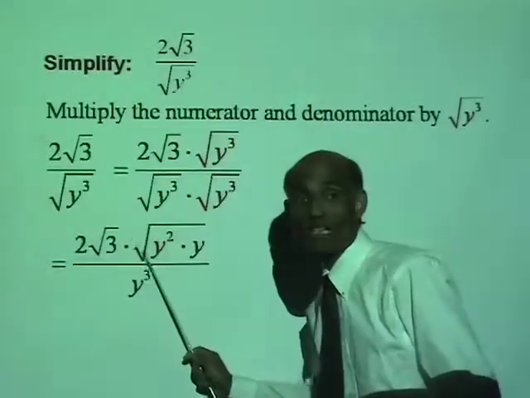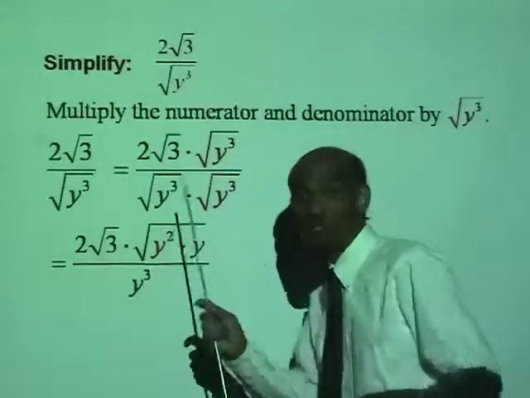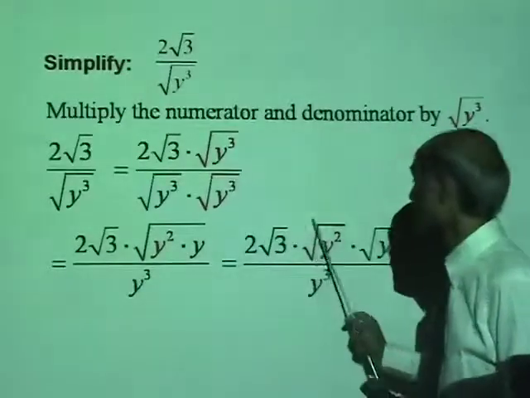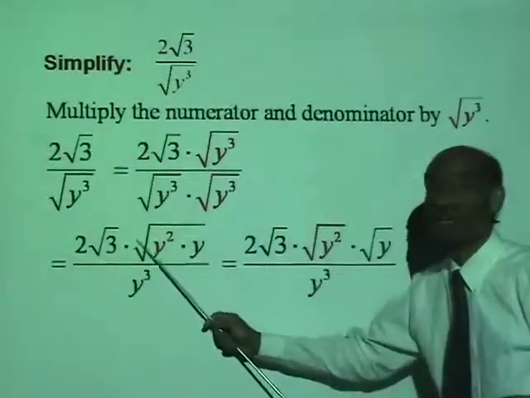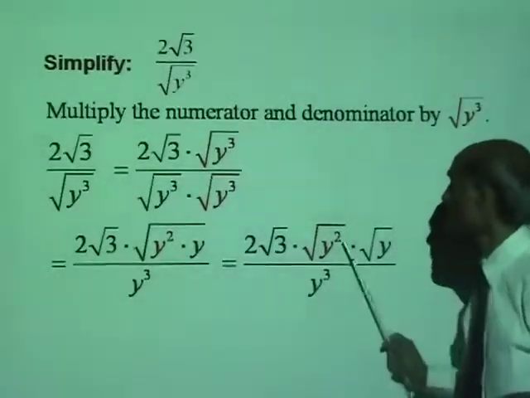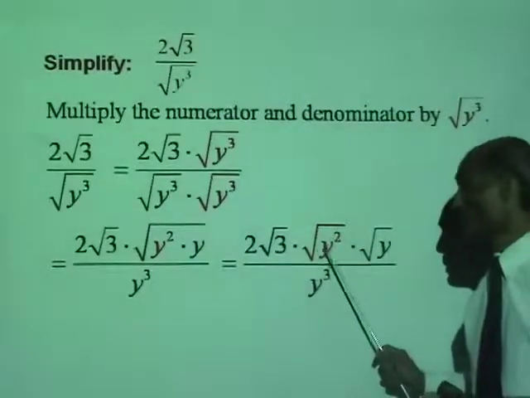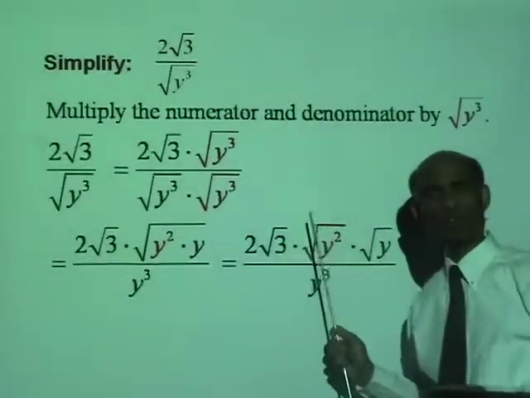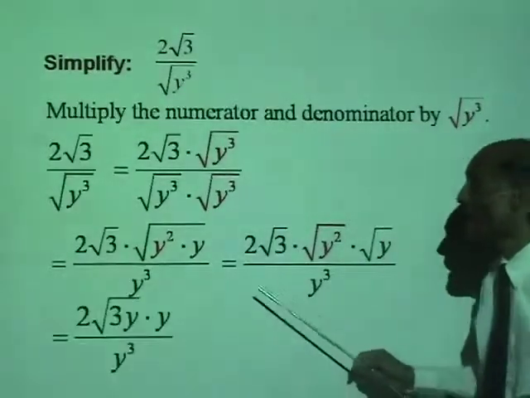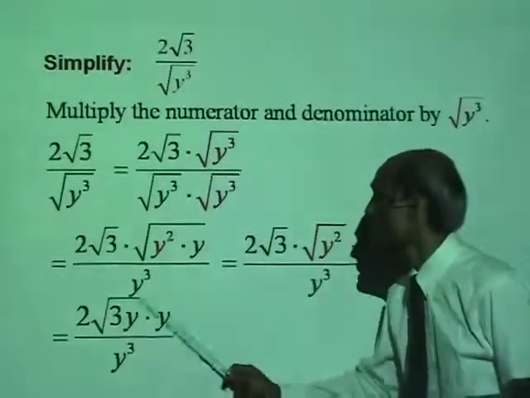What is our next step? On the numerator, the square root of y squared times y, you can split that into two pieces. That is square root y squared times square root y. What is the value of square root y squared? Square root y squared is y. So this now becomes 2 square root 3.